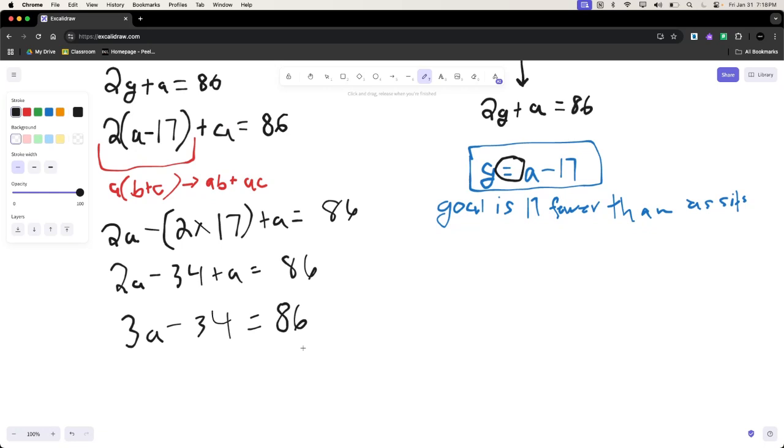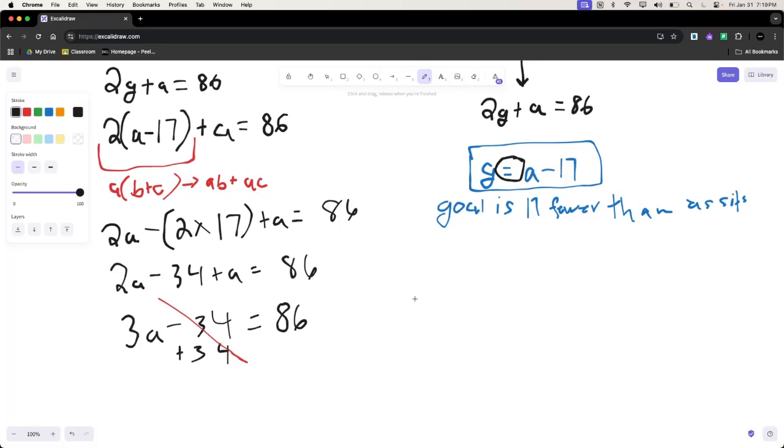So what we're going to do now is isolate the variable, right? Once we isolate this variable, which is like grade 7 math, we'll get our numerical value. So what I'm going to do is first remove this 34. To remove it, all I need to do is do the opposite term, which is plus 34, which will cancel this out from here. But since this side and this side have to be balanced, if I do something on this end, like adding this 34, I have to do the same thing here.